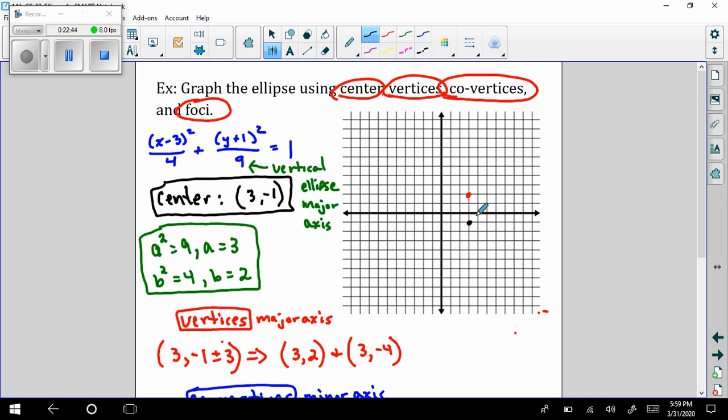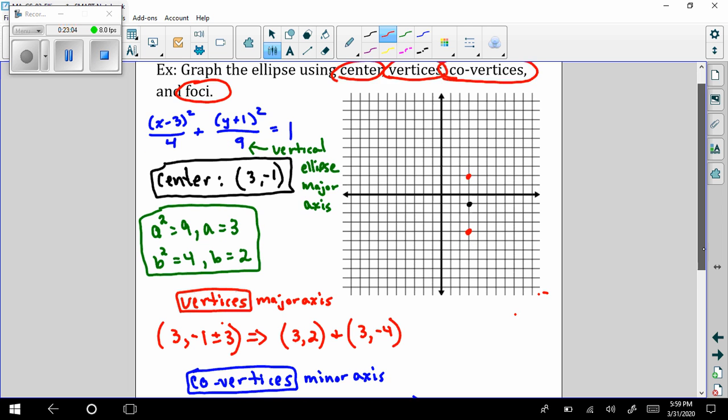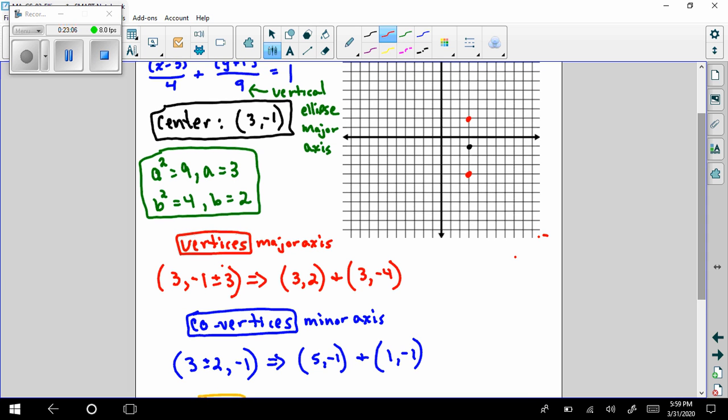I knew something didn't look right. Okay, so vertices, sorry about that, 3, -4. And that's wrong too. Whew, can't count. Okay, so my co-vertices, see if I can get these right. All right, 5, -1, and 1, -1. Got those right.